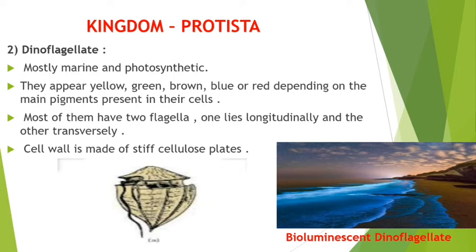You may see some waves of the ocean. These are the dinoflagellates, and they seem luminous, lighting up. Here they appear blue in color. This blue color is mainly due to the presence of dinoflagellates. I hope you have understood that dinoflagellates are mostly marine. This picture represents their existence in the marine habitat.